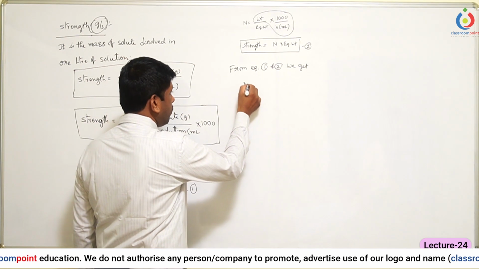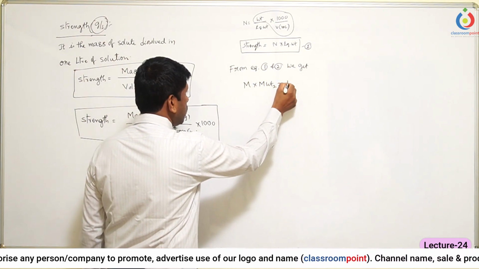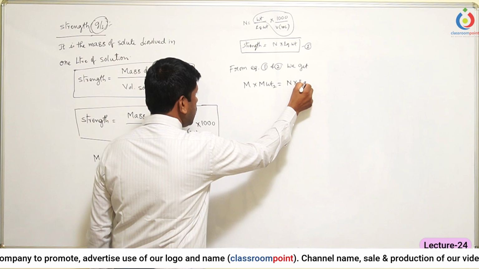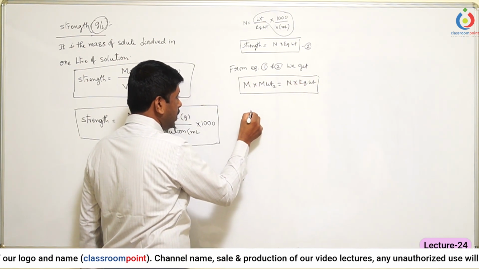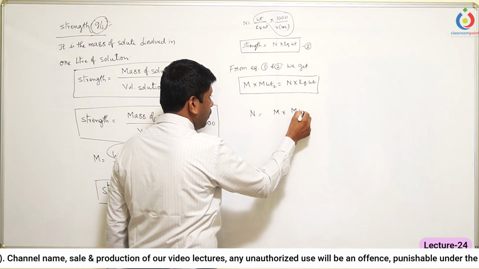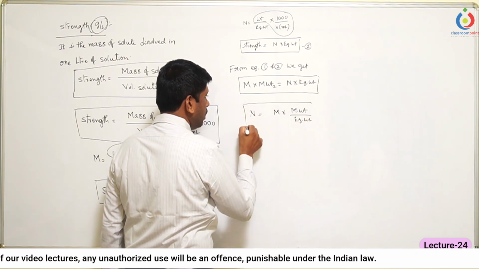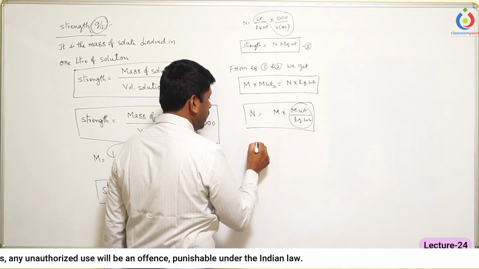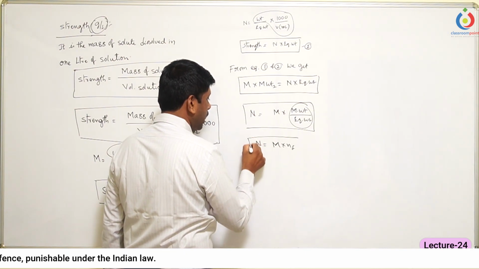Then molarity into molecular weight of the solute is equal to normality into equivalent weight of the solute. Then normality equals molarity into molecular weight by equivalent weight of the solute, and this value gives the n factor, so normality equals molarity into n factor.